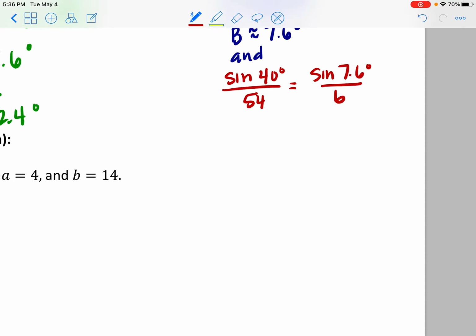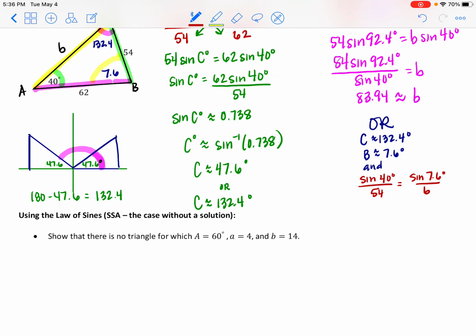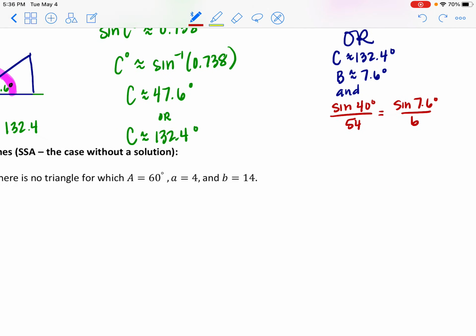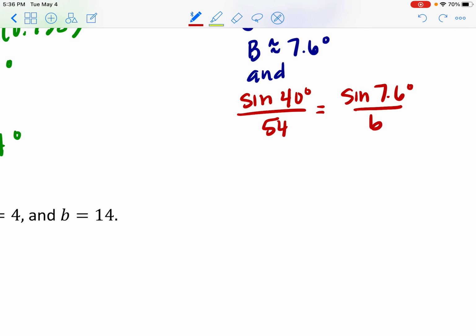So again, we can go through all the solving, but basically the only difference is that we're looking at 7.6 degrees instead of 92.4 degrees. If you wanted to skip a little bit of that work, totally get it, but I don't want to lose anybody here. So I have 54 sine of 7.6 degrees equal to b times the sine of 40 degrees.